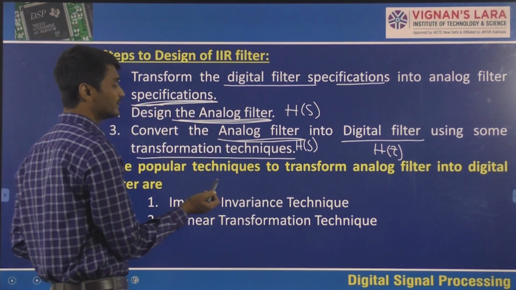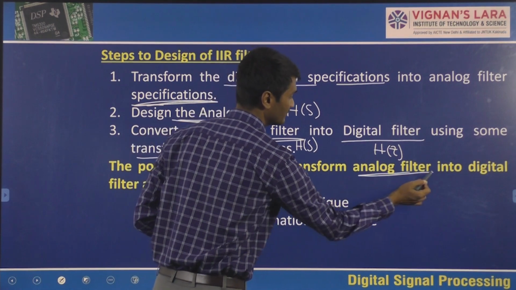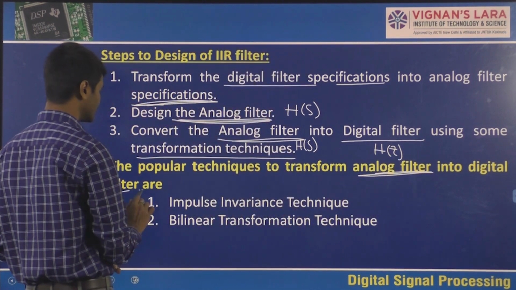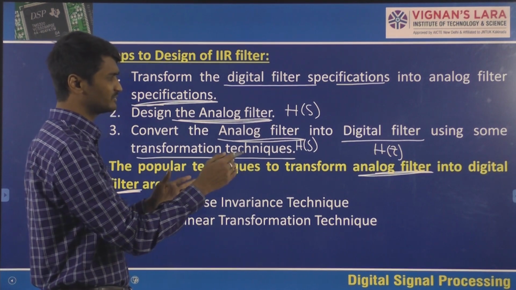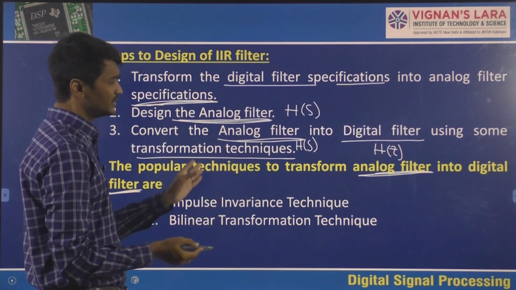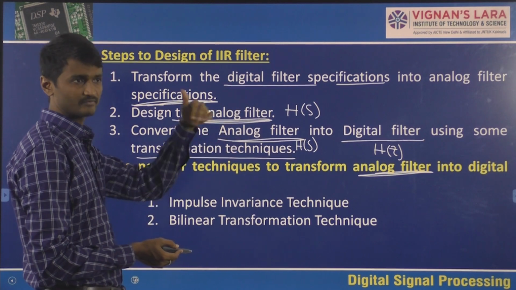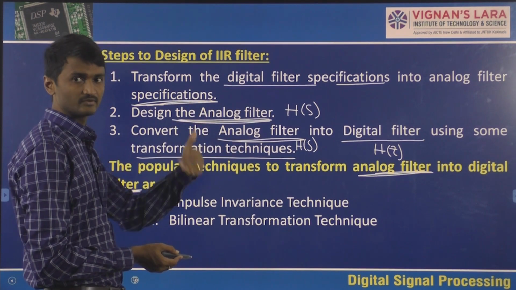The popular techniques to transform an analog filter into a digital filter, that is, to transform the analog filter transfer function into the digital filter transfer function, are the impulse invariance technique and the bilinear transformation technique.